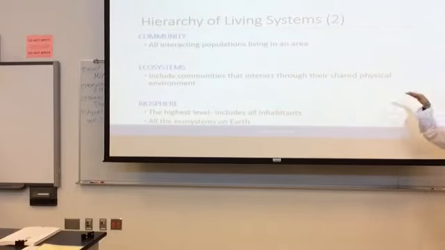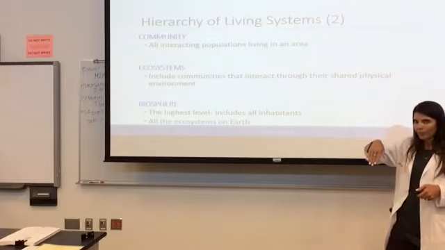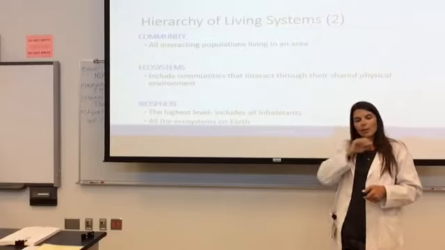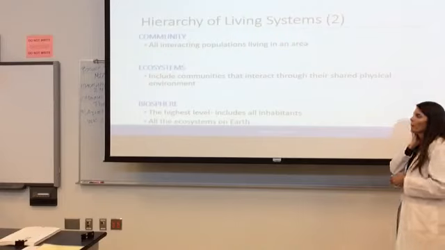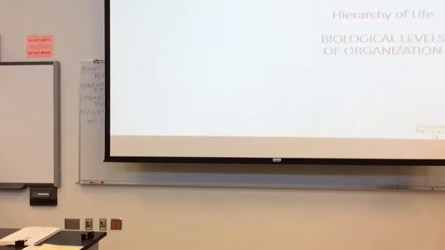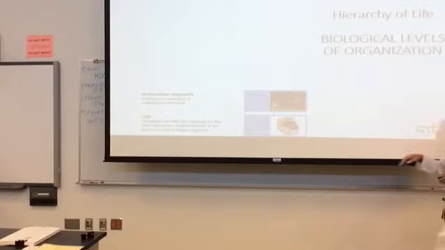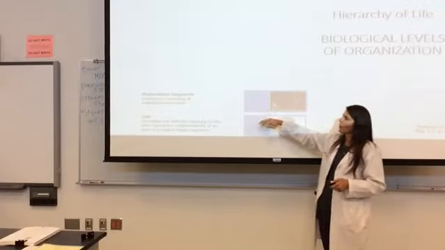So this is our hierarchy, our ranking system for all living organisms as far as how we group them. The diagram on the next slide shows us a step order sequence, starting with a cell, which is the basic unit of life. But then it jumps all the way to organism. Can you tell me what levels are missing?